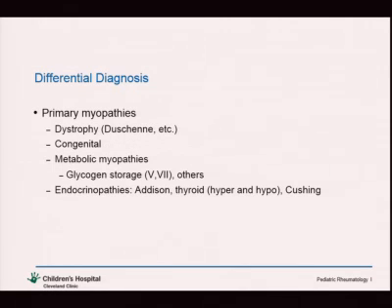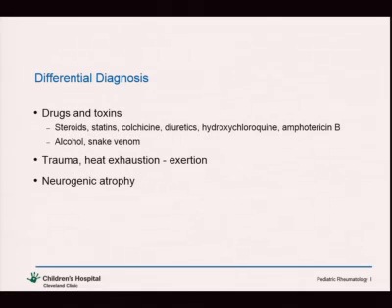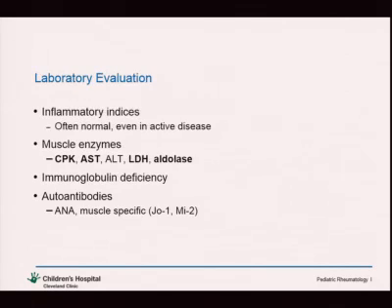When the diagnosis isn't clear, we have neurology helping us understand if the weakness is coming from another etiology, whether congenital, metabolic, or associated with an endocrine abnormality. Drugs and toxins potentially: the patient is for some reason on a statin. Could there have been some sort of toxic exposure? Heat exhaustion, right, makes people's face flush, and they feel weak.